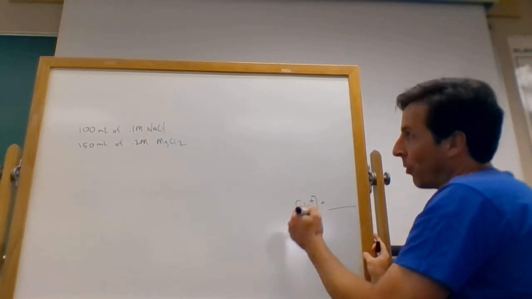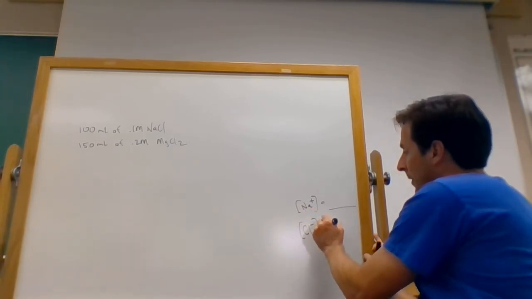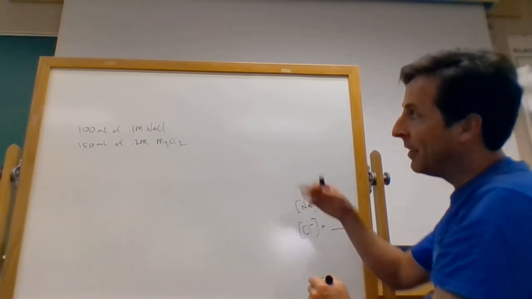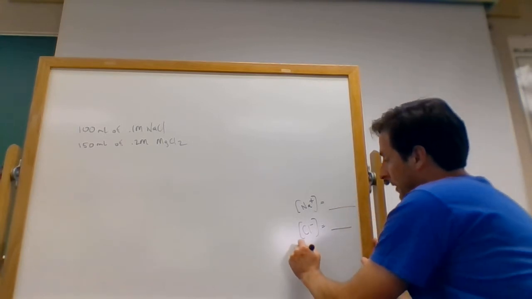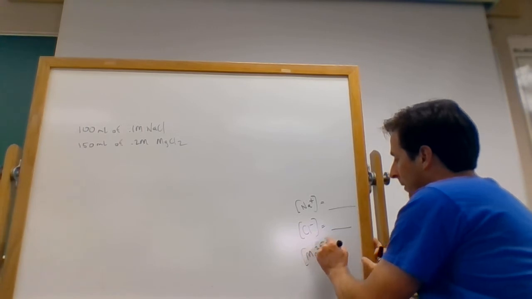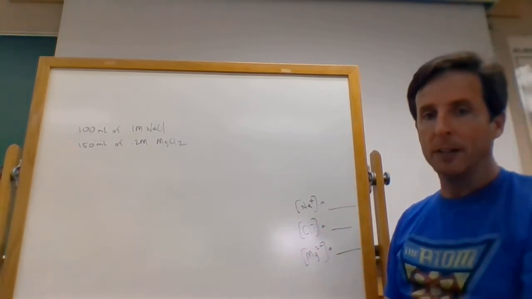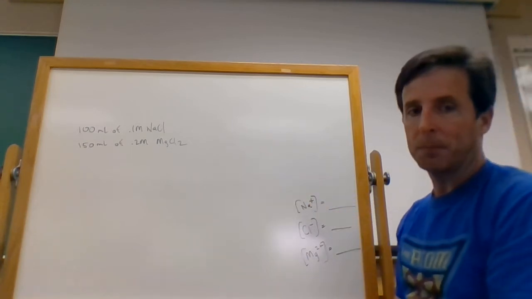They both have chloride in them, so I'm going to need Cl-. I got to find that one. And then finally, the second solution has magnesium, Mg2+. I got to find that one. Okay, so I got to find the concentration of all three of those ions once I mix these together.